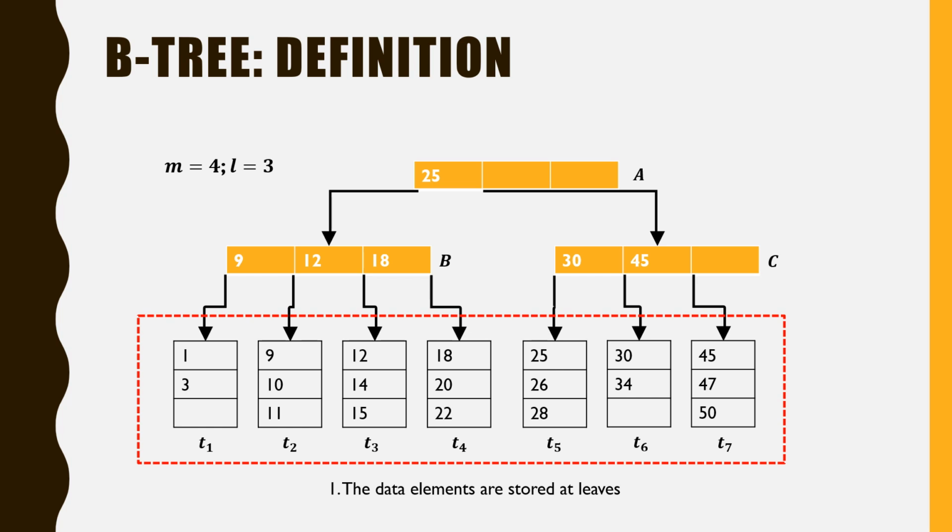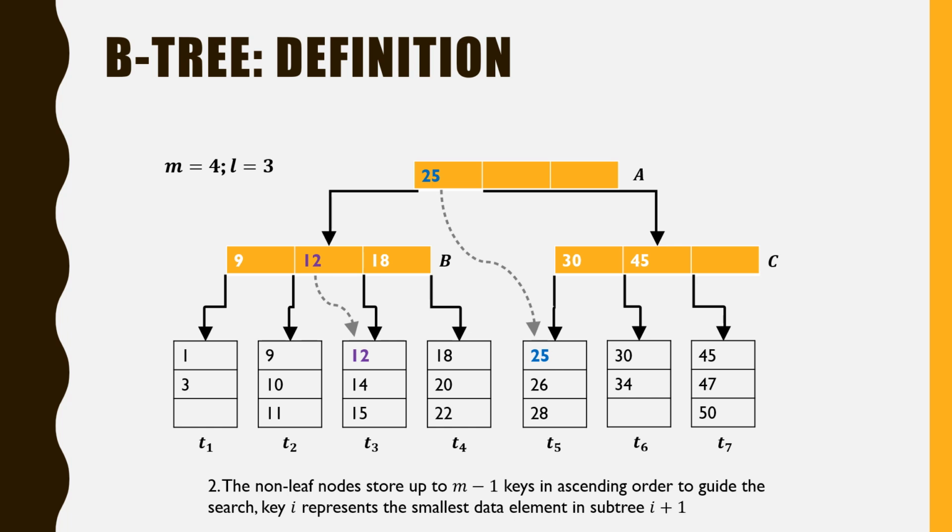First, we confirm that all data elements are stored in the leaf nodes. Second, we verify that the ith key in a non-leaf node corresponds to the smallest element stored in the i+1th subtree. For example, the first key in the root node, highlighted in blue, is 25.